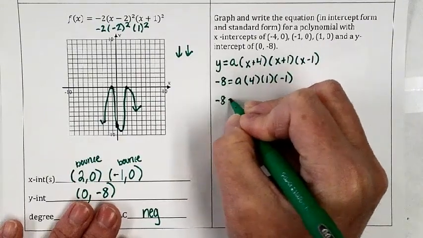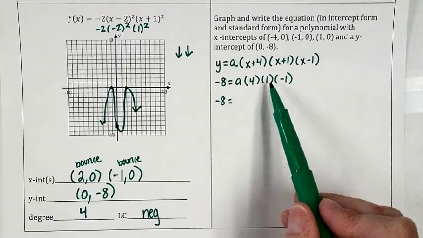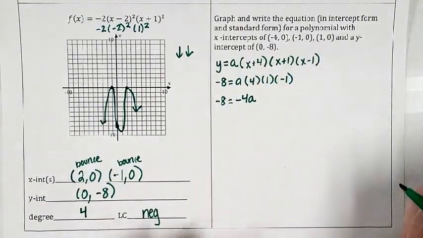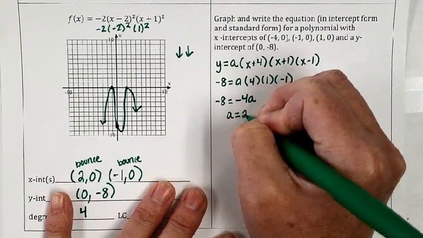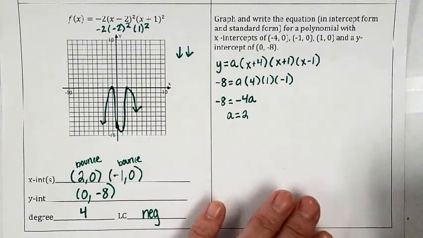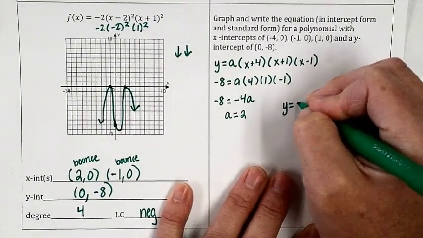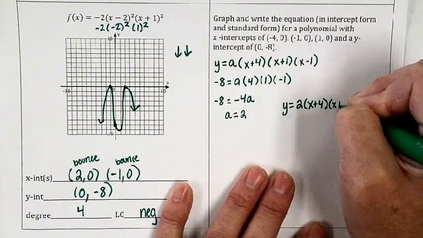Multiplying all this together, 4 times 1 is 4, times negative 1 is negative 4. So negative 8 is equal to negative 4a, which makes a positive 2. So my factor form would be y is equal to 2 times x plus 4 times x plus 1 times x minus 1.